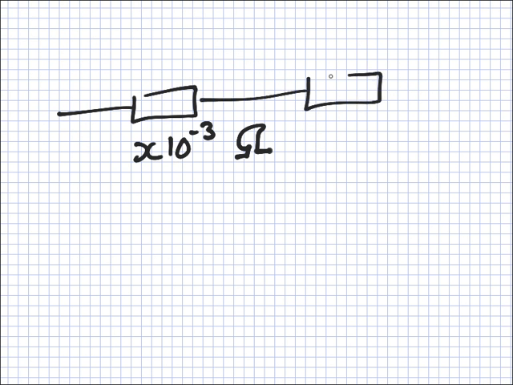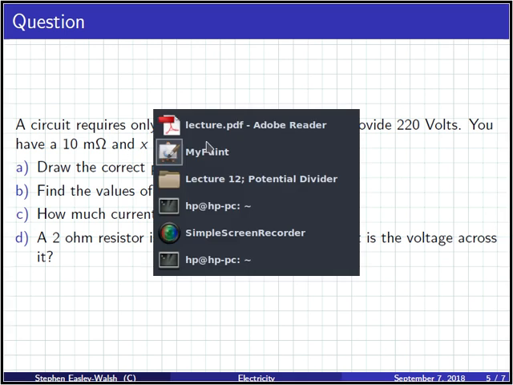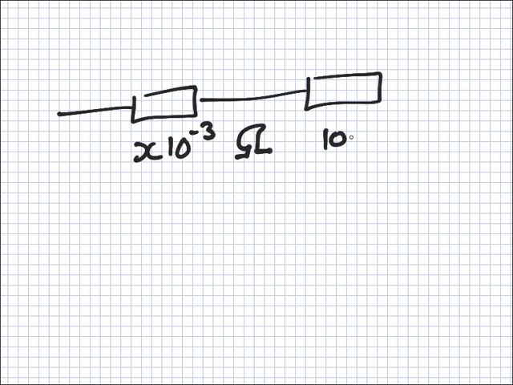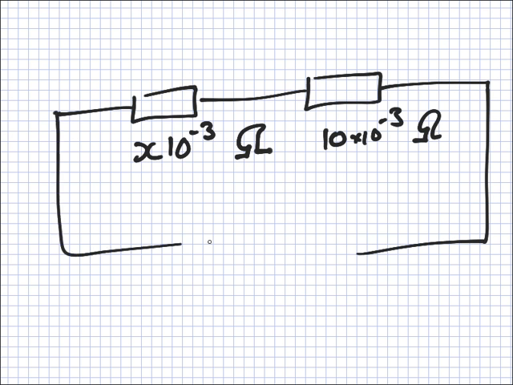And this one here, what is it? 10 milliohms, so that's 10 times 10 to the minus 3 ohms. And then I have my 220 volts here. I'll draw it as a plug. No, what am I doing?